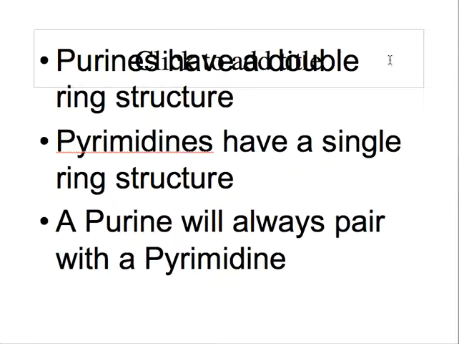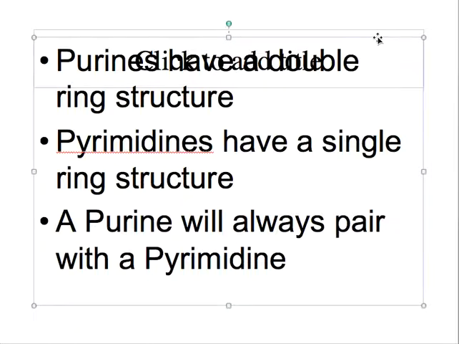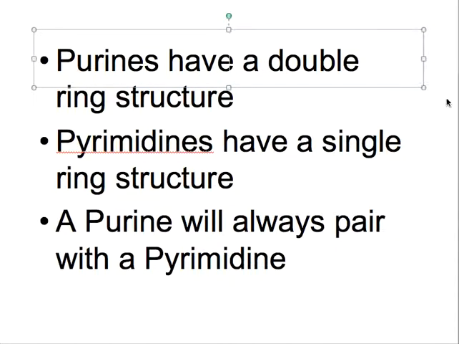So we have purines, which are a double ring structure, and we have pyrimidines, which have a single ring structure. And a purine will always pair with a pyrimidine. Now, what does that have to do with anything?